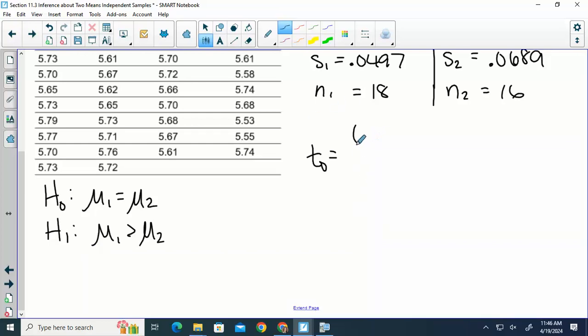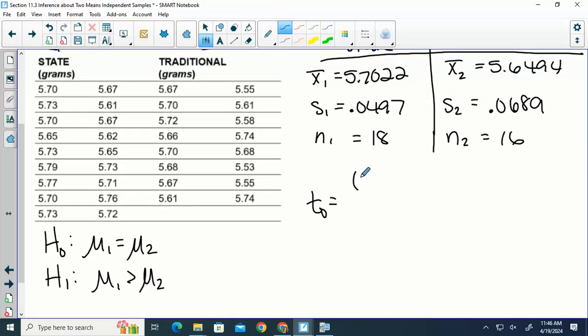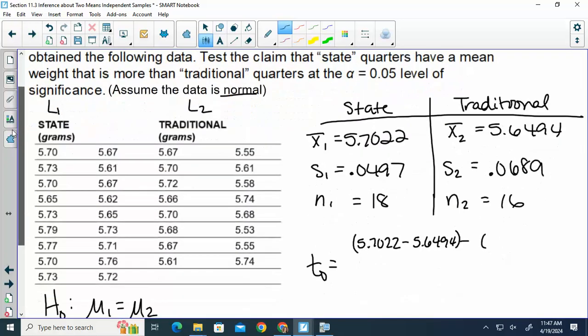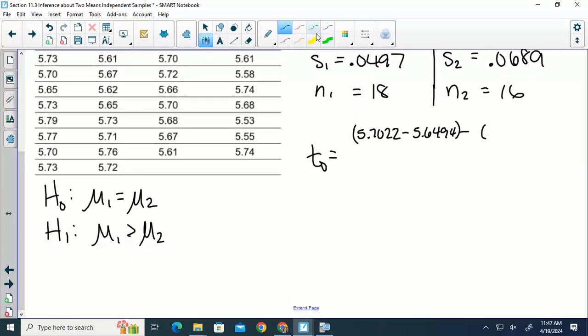Okay. So, to get our T, it's the mean of the first minus the mean of the second, minus the population mean of the first and the population mean of the second. Did I give you those? No. But my null hypothesis, we assume that's true unless we prove otherwise, right?